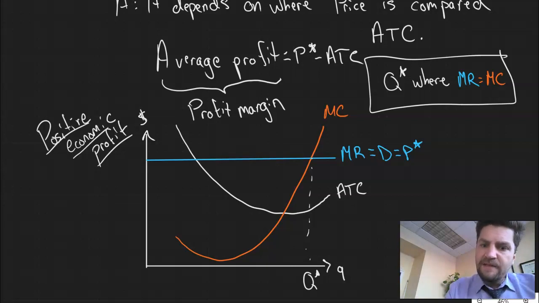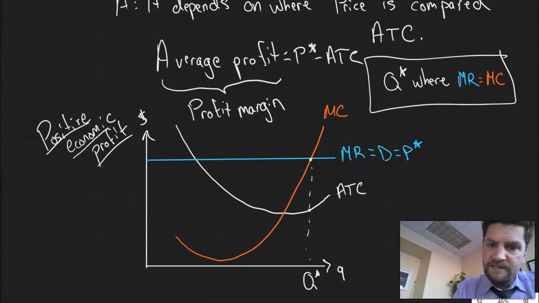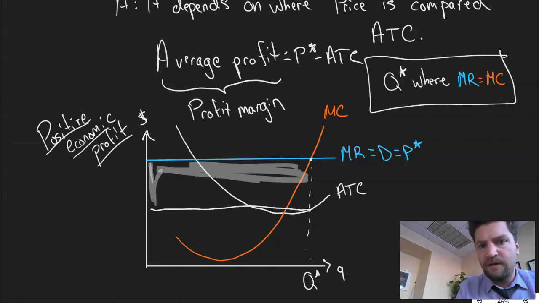And now at this particular quantity, we want to look at what the average total cost is for this firm. And so the average total cost is below the price. And so as a result, this whole shaded rectangle here is going to be equal to our profit margin.